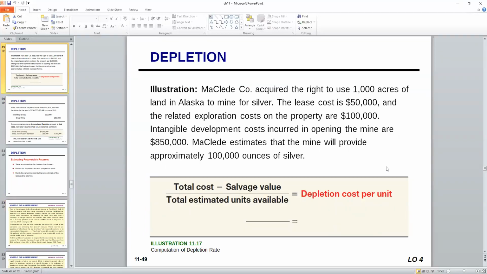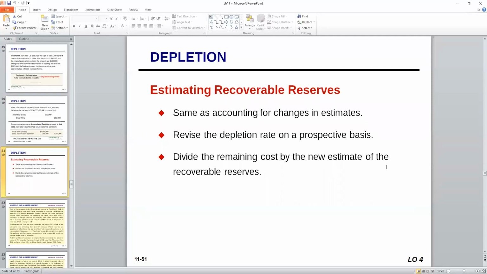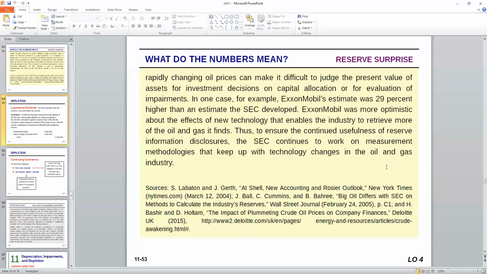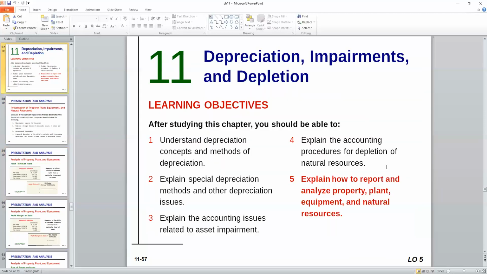Again, total cost minus salvage value, divided by total estimated units available, is the depletion cost per unit. Here's an example. All right, so that's all I'm going to talk about with regard to depletion.